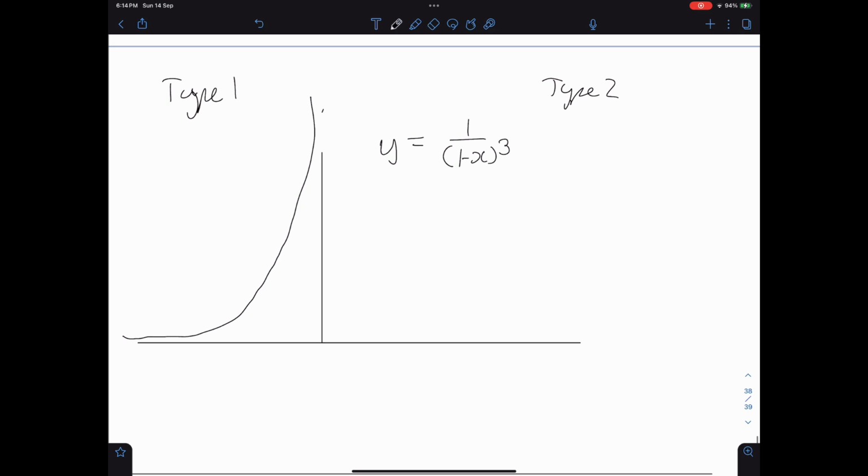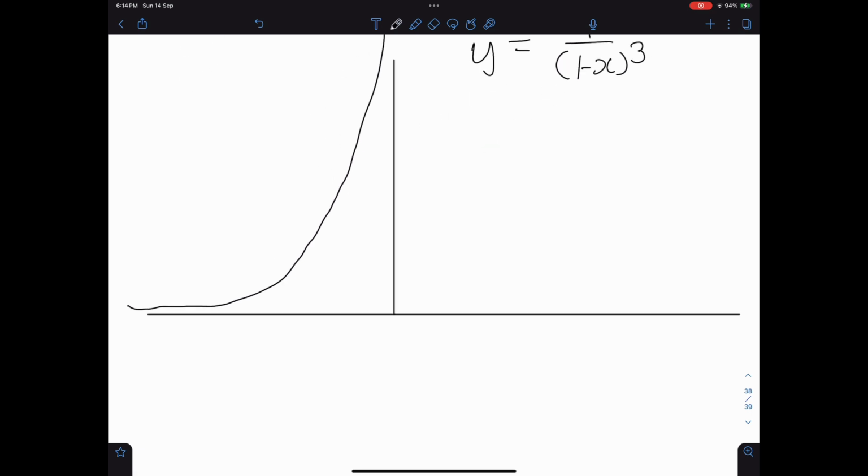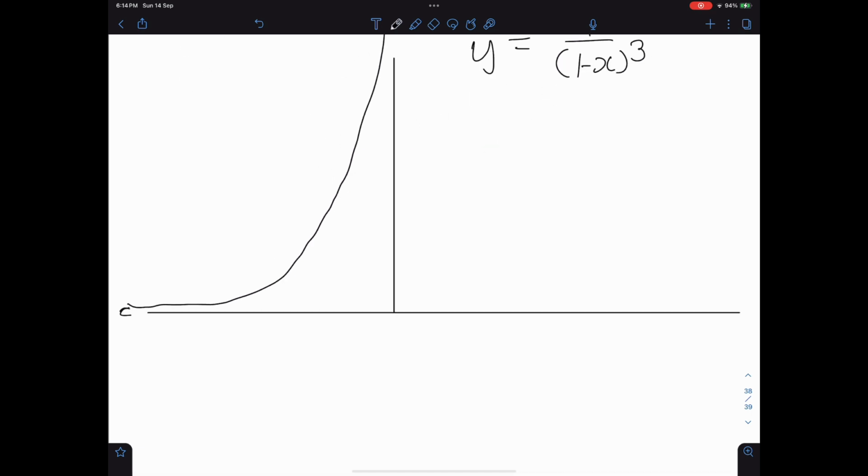I've drawn it badly, but here you can see this shoots up to infinity, and then down here it tends to 0.